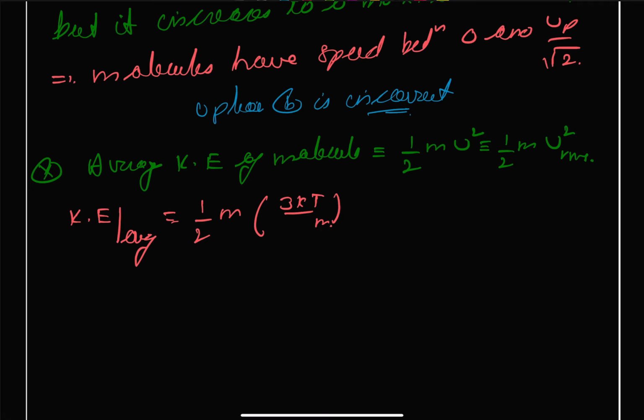Here m and m cancel out, and this comes as 3 by 2 times kT.